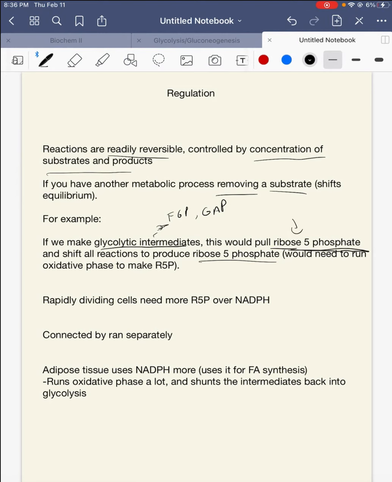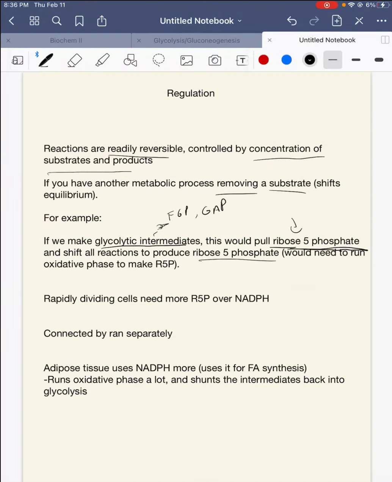Another way it's regulated is dependent on what the cell needs. Rapidly dividing cells, for example, are replicating a lot, so they'll need a lot of DNA replication. They will favor ribose 5-phosphate over NADPH because they need it to make their DNA.